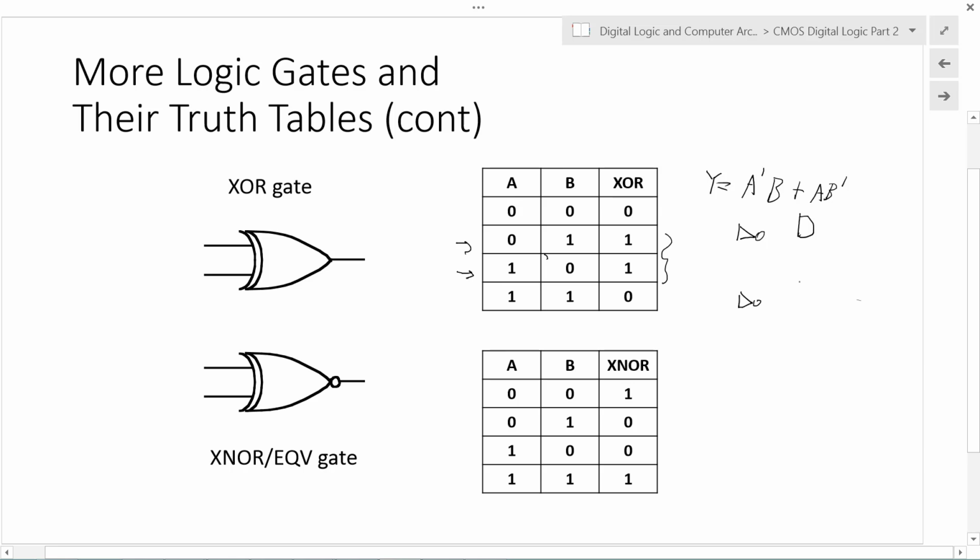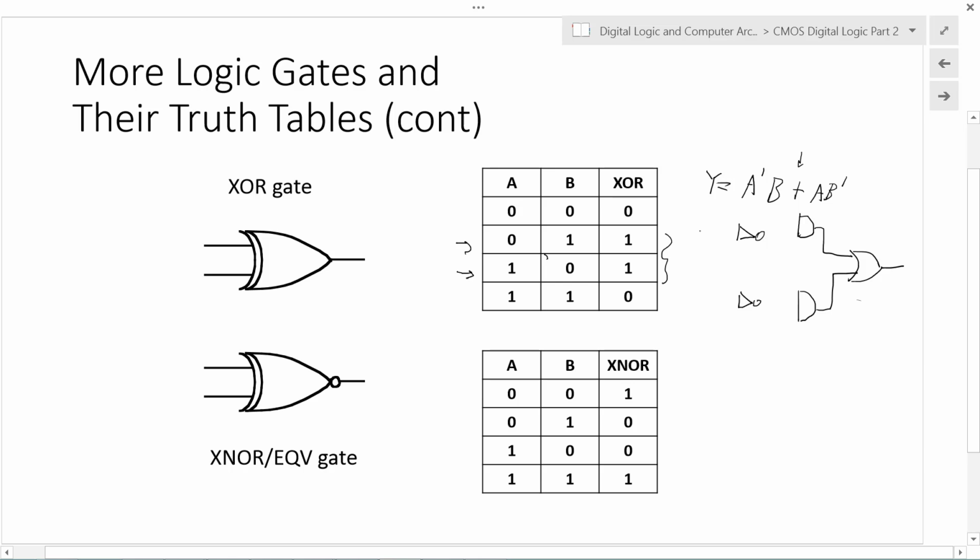Above an AND gate here. And our OR gate on the next stage. Because we have this OR gate, we're ORing together two AND operations.